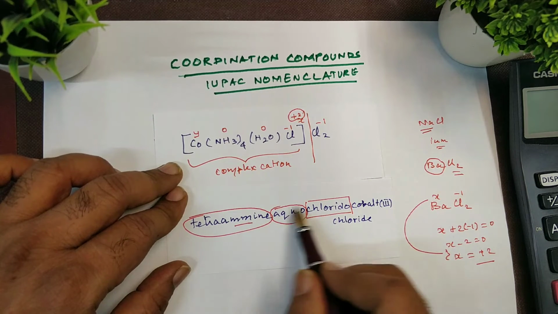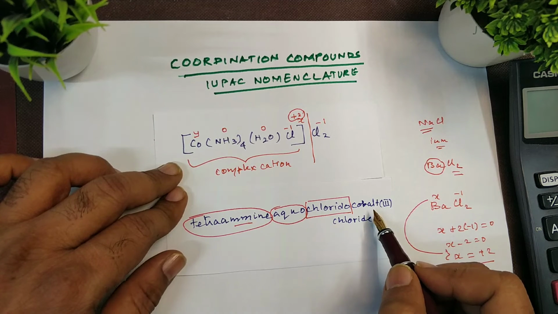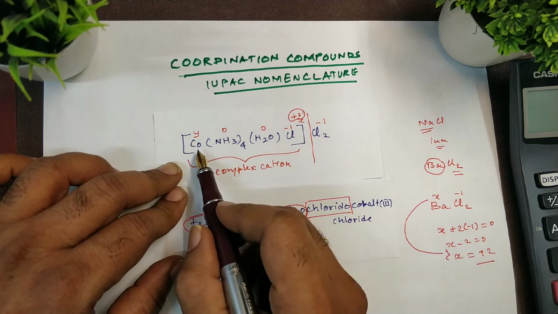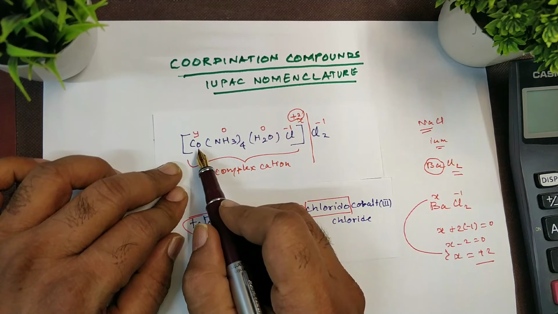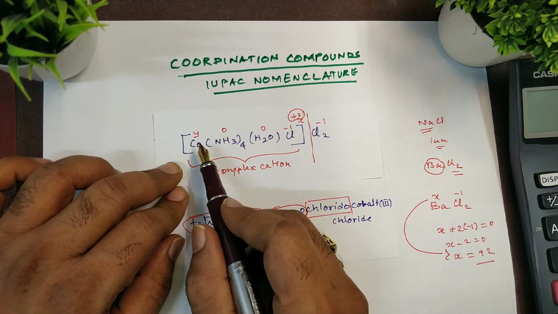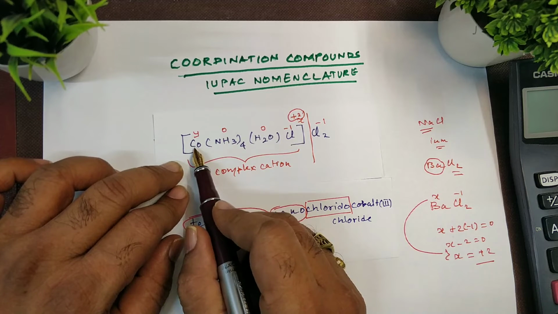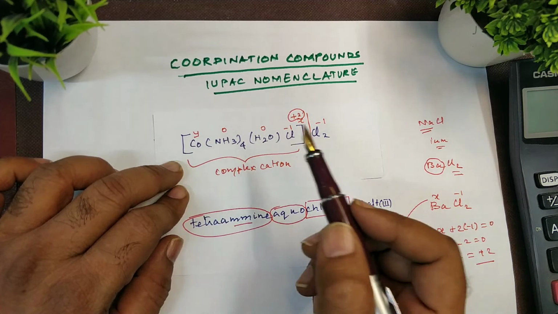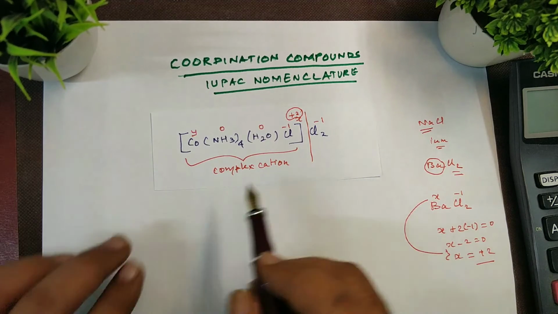Finished. So we name the ligands first, followed by the central metal atom. Which is the central metal atom? Cobalt is the central metal atom, and we have to put cobalt along with the oxidation state. For that we have to calculate the oxidation number of cobalt as the central metal atom. Let us work out the cobalt oxidation state.